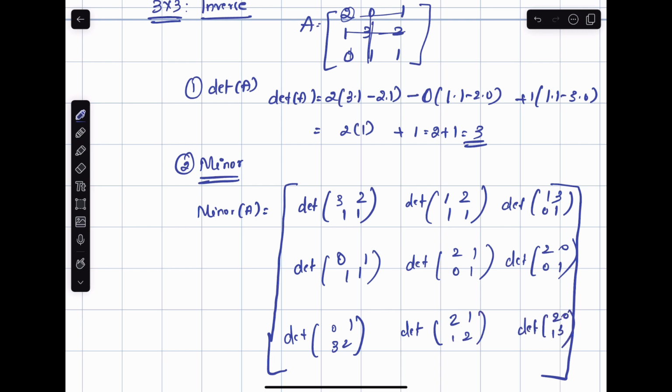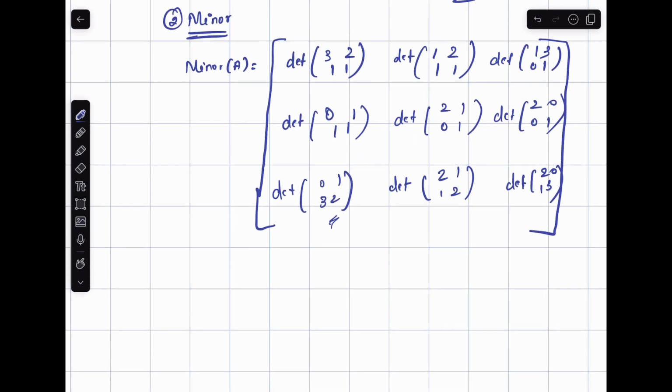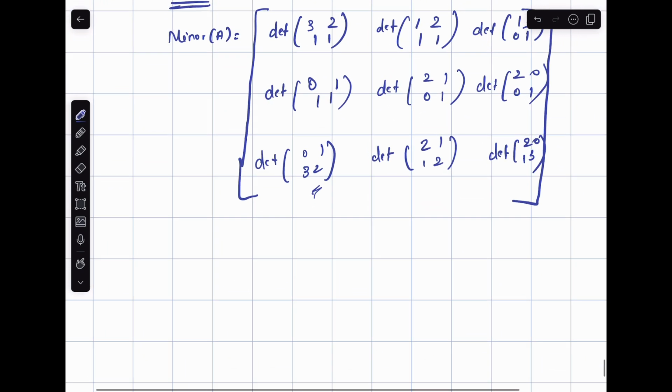All right, now this is easy. You just have to find the determinant, right? So what will be the determinant you will get? So I'll write it down. Minor of A is equal to what you are finding the determinant of.